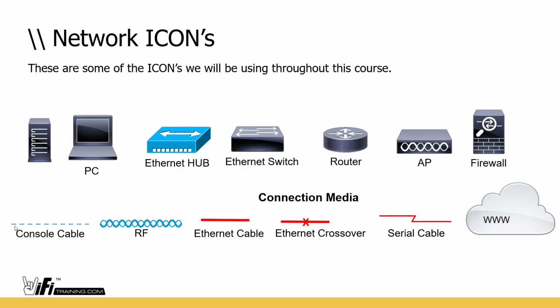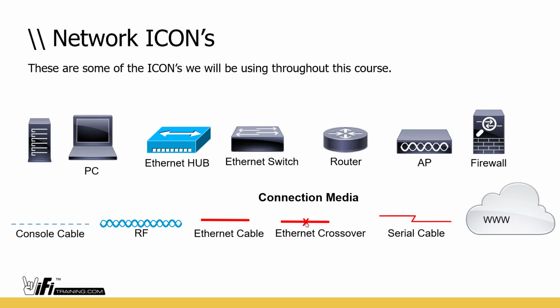The next one is this dotted line here, or the dash line. That's a console cable connection. Again, the sine waves is an RF type of connection media. So down here, these are all different types of connections that you might see used in the topologies. Okay, the straight cable is going to be the Ethernet cable.